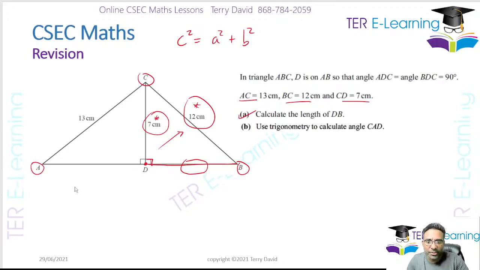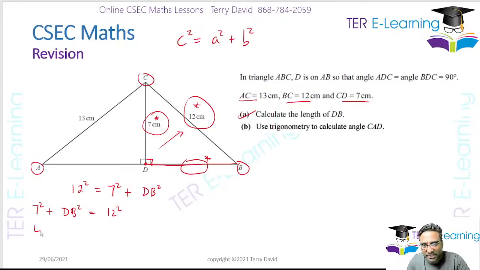So what I'm going to do, I'm going to say 12 squared, the hypotenuse squared, is equal to 7 squared plus this side here squared, which we don't know. We're trying to figure that out. So it's DB squared. Now I could write over that and say 7 squared plus DB squared is equal to 12 squared.